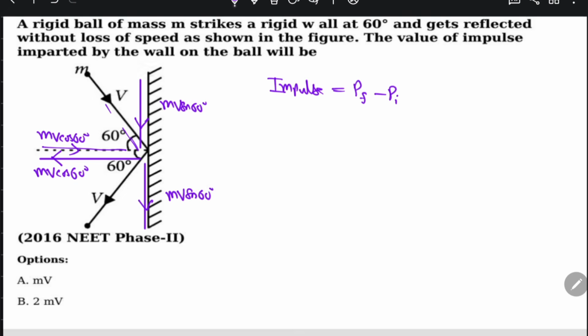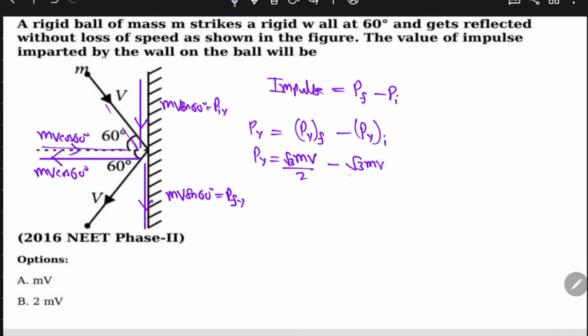So in the y direction, this is P final in y direction, this is P initial in y direction, P final minus P initial. So Py comes out to be mv root 3 by 2 minus root 3 mv by 2.